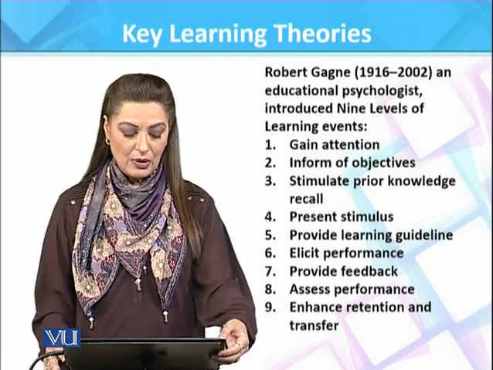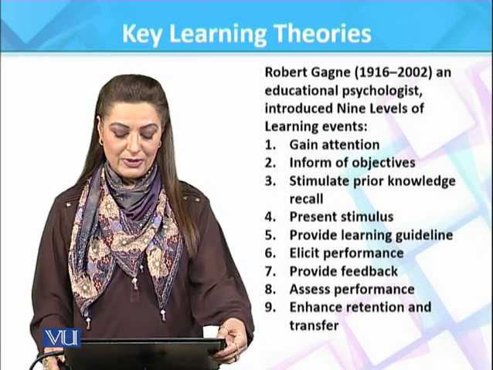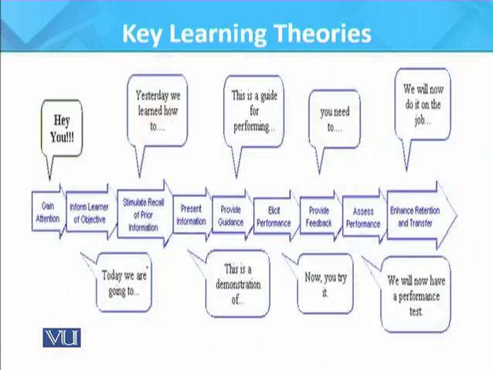Now let's see how these learning levels can be implemented. You have first gaining attention, inform learner of objectives, stimulating recall of prior information, presenting information, providing guidance, eliciting performance, providing feedback, assessing the performance, and enhancing retention and transfer.